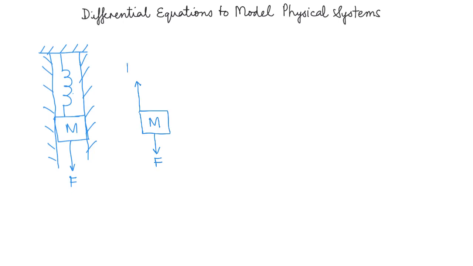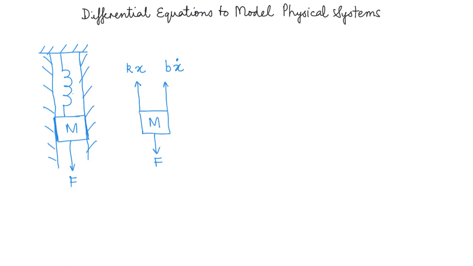So it applies a force kx, where k is the spring constant. Also, because the mass is touching the wall on both sides, there is a frictional force being applied. Let's assume that the friction constant is b, and the friction will be proportional to the velocity. So I'm just writing it as b x dot, where x dot denotes the first derivative of x.